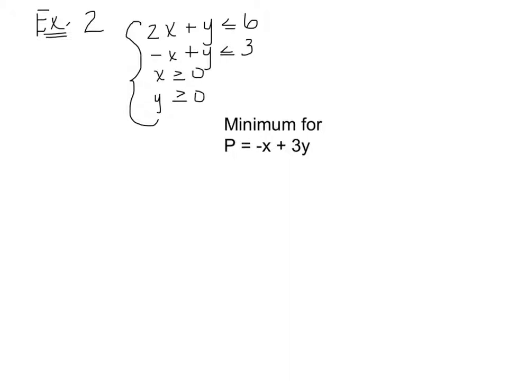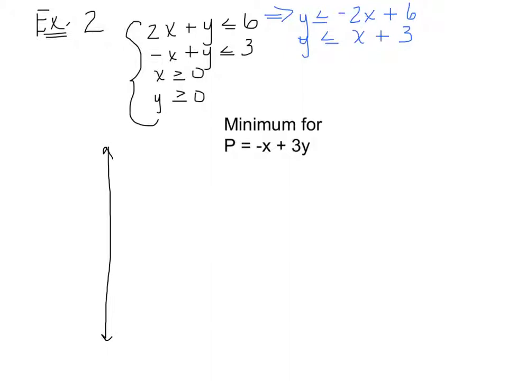So let's try another one. Okay, here's the second example. We're going to do the same thing: make sure all of our inequalities are in slope-intercept form. For the first one, I'm going to subtract 2x, and for the second one, I'm going to add x. And then the last two are ready to graph. So I'll graph each one.